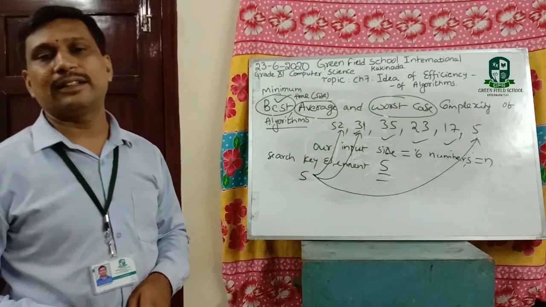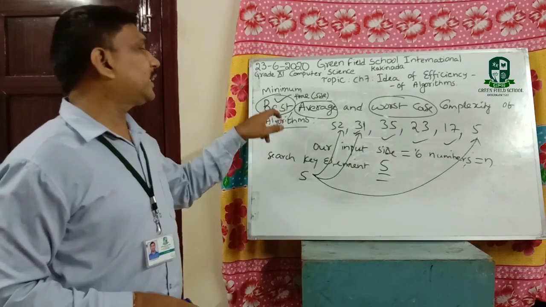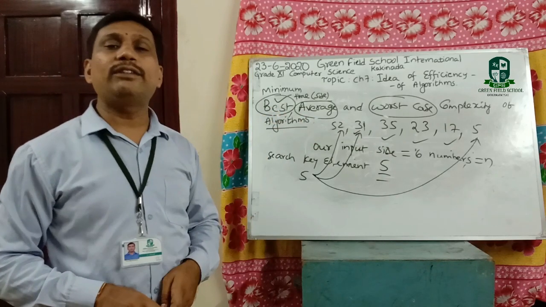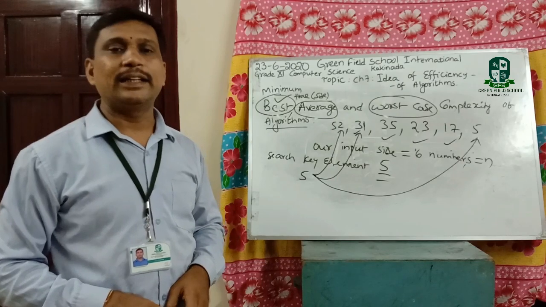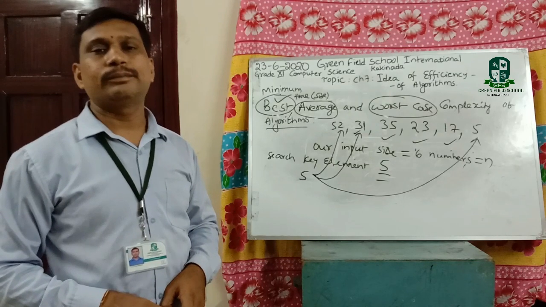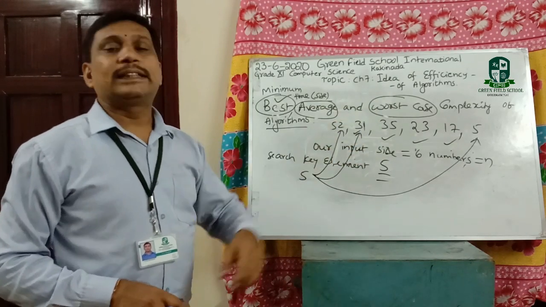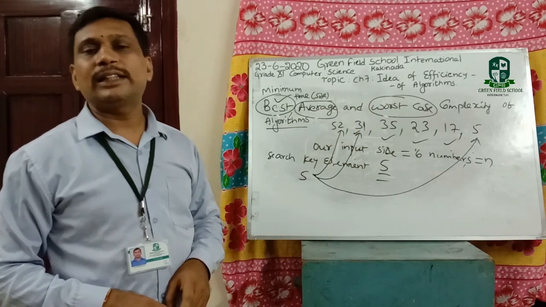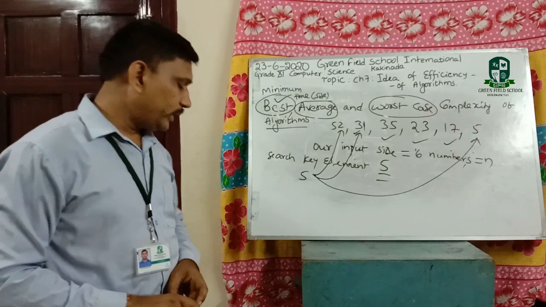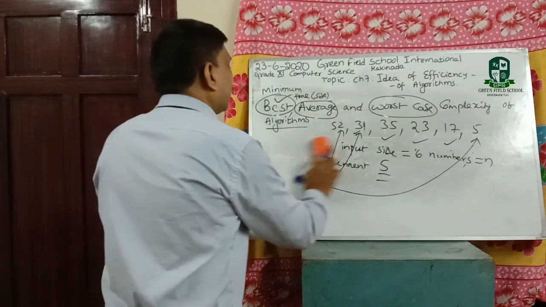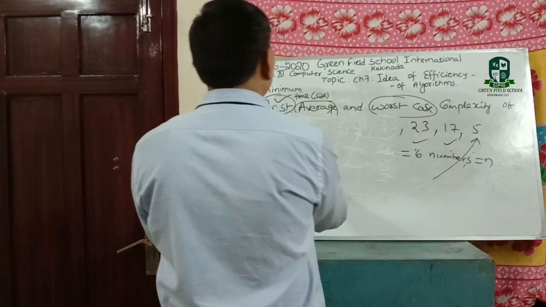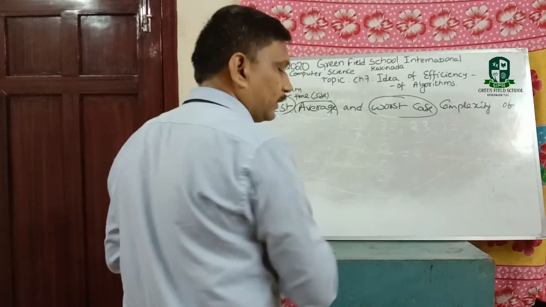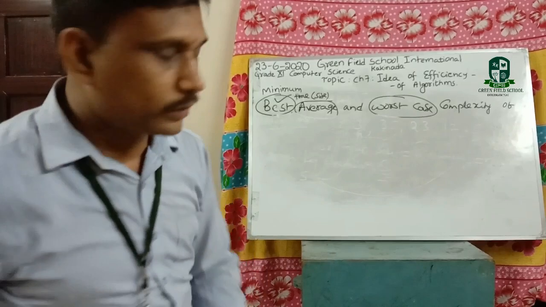In some cases we consider minimum and average cases, but every time we calculate the complexity of any particular algorithm, we consider the worst case scenario. So we draw the best case, worst case and average case complexity of algorithms according to your textbook.